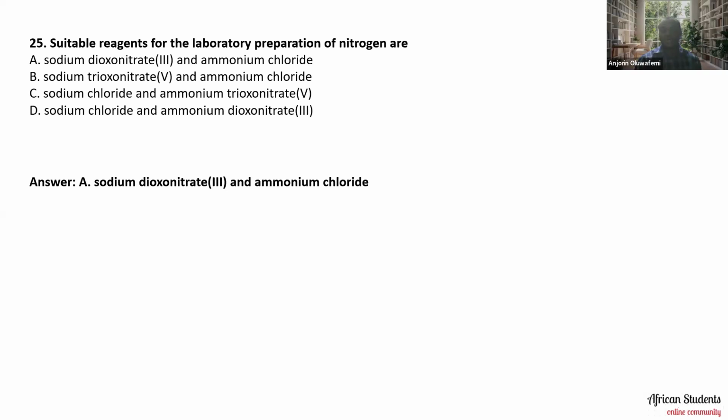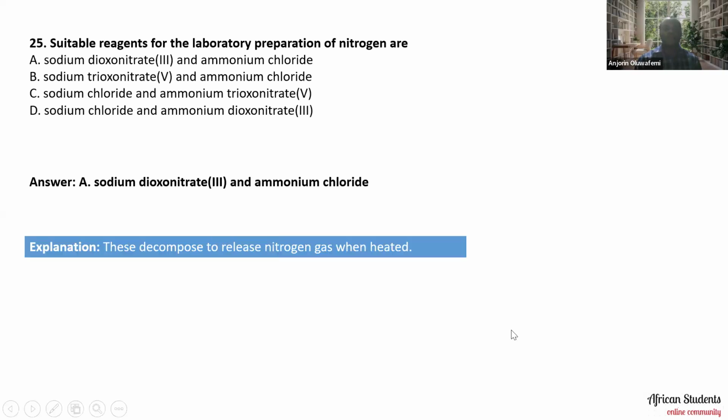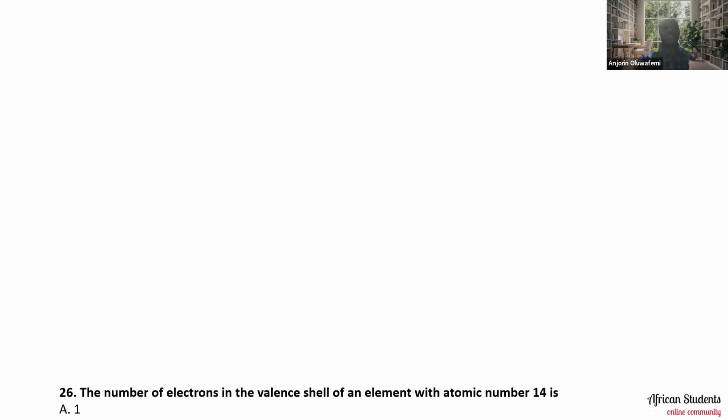And the reason for choosing option A is what we have here. So this decomposes to release nitrogen gas when heated. When sodium nitrite and ammonium chloride come together, they will release nitrogen gas when they are heated. So that's why it's a suitable way to prepare nitrogen in the laboratory.